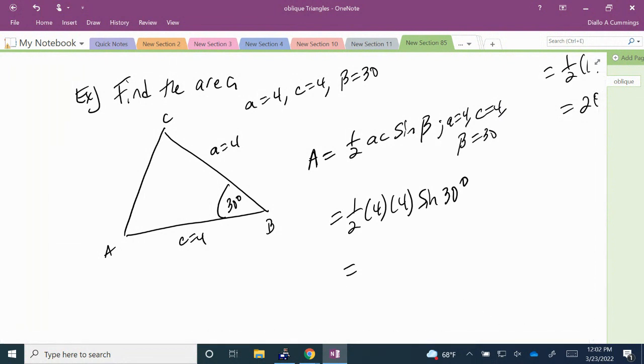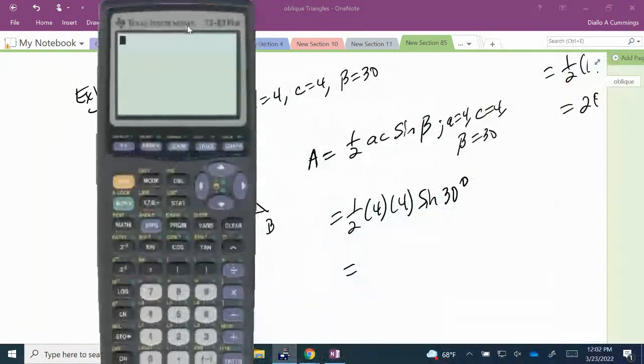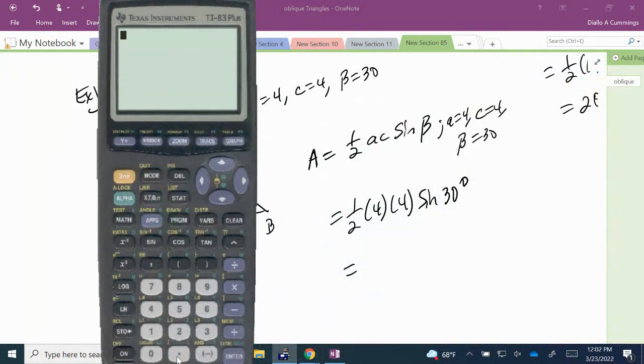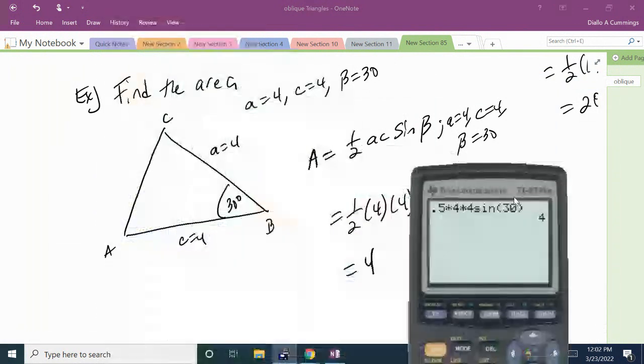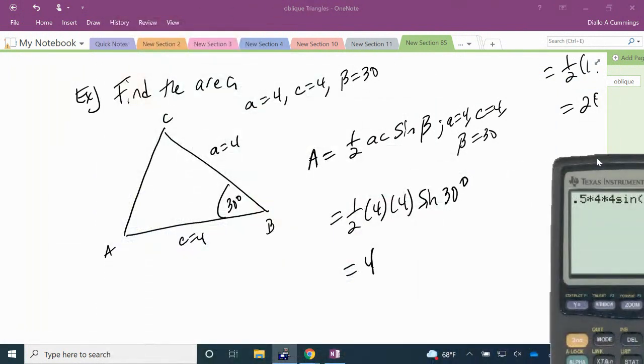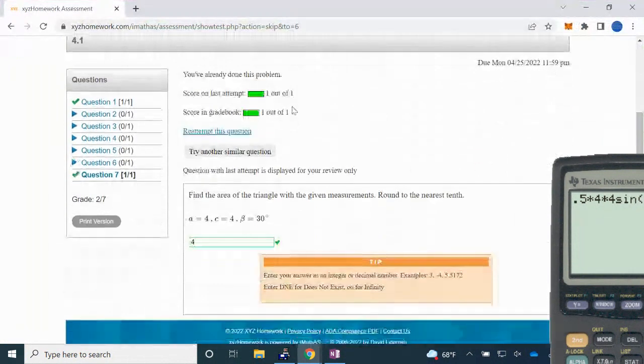We're going to put that into the calculator: 0.5 times 4 times 4 times the sine of 30. And we have 4. So the area for this triangle should be 4 square units.